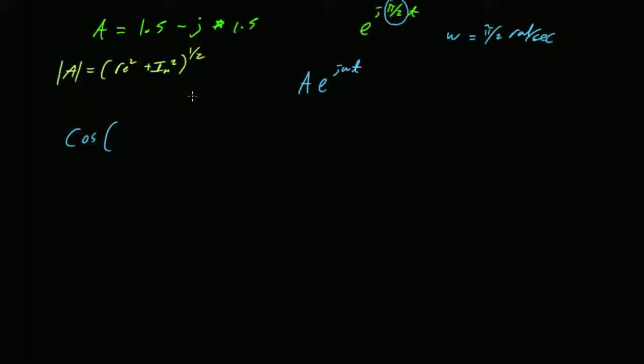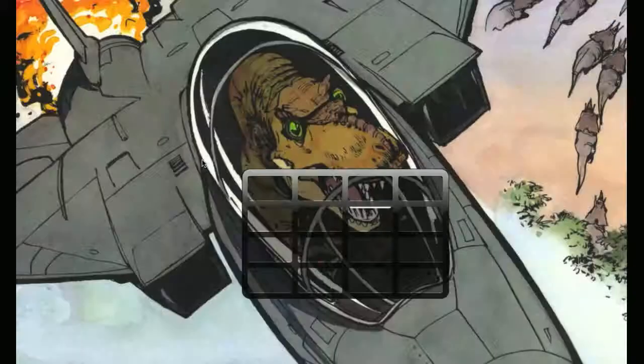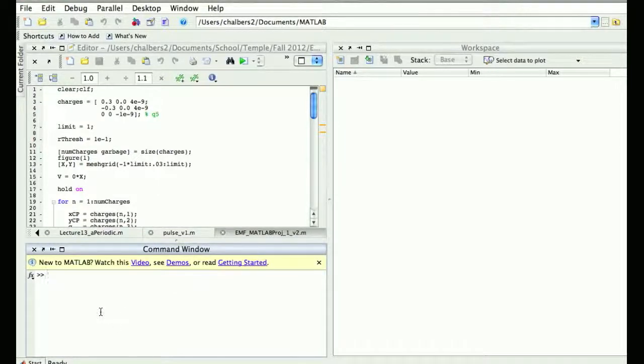Remember, your cosine is A times twice the amplitude. Right, well let's try that real quick. If we take 1.5 squared plus 1.5 squared, and then take the square root, I get 2.12.